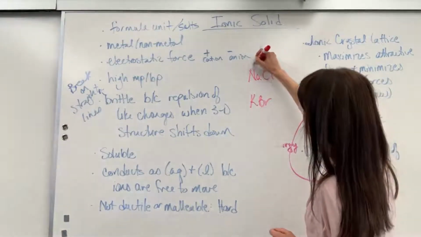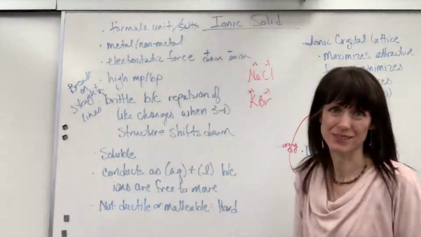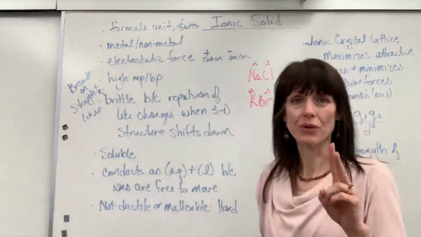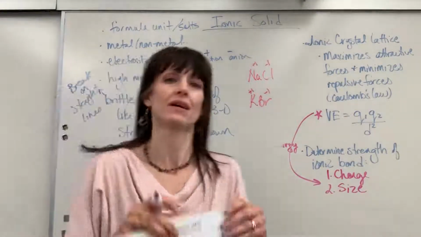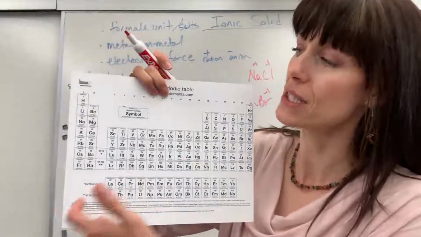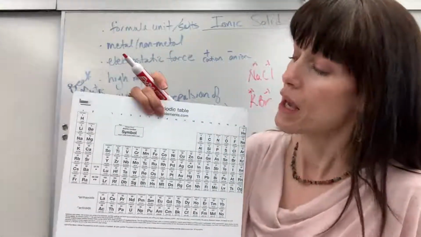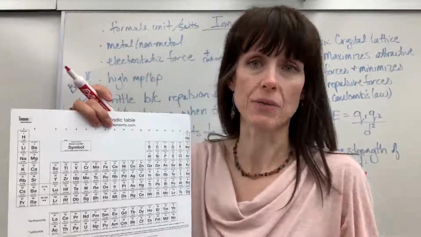So sodium's a +1, chlorine's a -1, potassium's a +1, and bromine's a -1. They're the same. So then I have to go to number 2, and I'm looking at size. So you will recall from the periodic table that atomic radius increases as you go down the periodic table. That's also true for ions. As you go down the periodic table, you add a whole other energy level, so it makes the atom bigger.